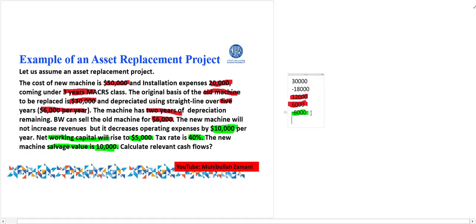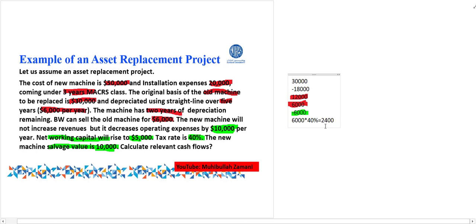Out of 6,000, 40% will be paid by the government. Now you can mention 6,000 multiplied by 40%. If you calculate this, you will get 2,400.